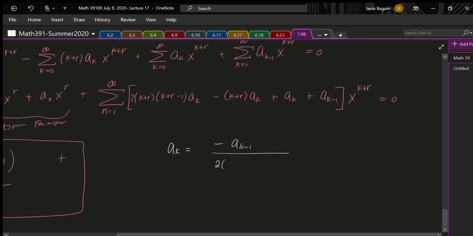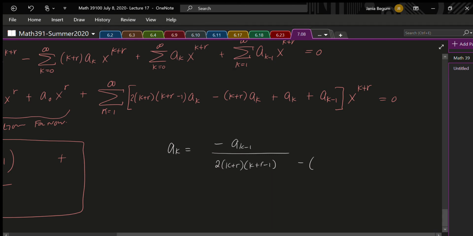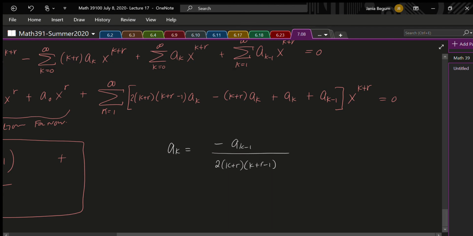So that would be 2 times k plus r times k plus r minus 1, minus k plus r. Oh, okay, I'm making a mistake. No one caught it. So that's the coefficient of a sub k, and then minus k plus r, and then plus 1. So that's our recurrence relation in general.